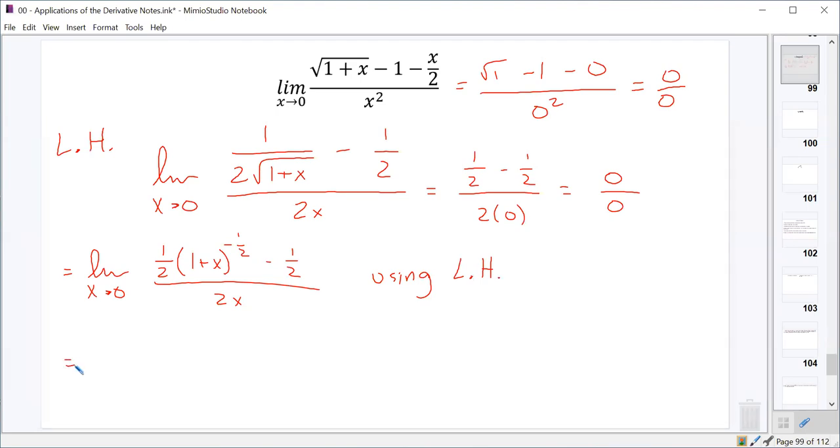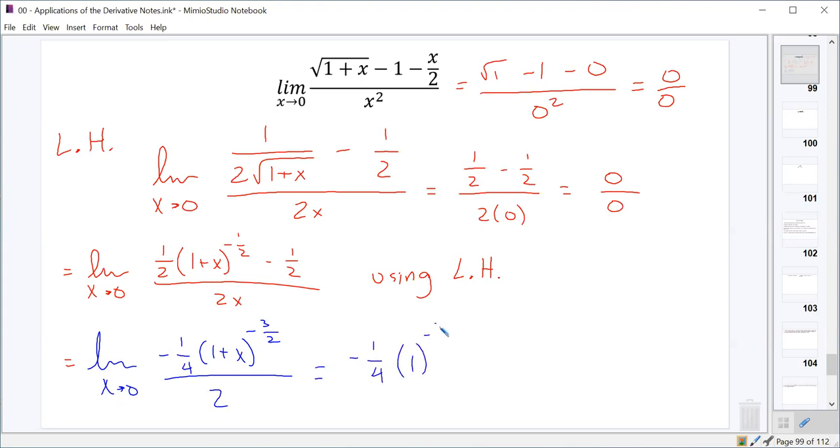this becomes a limit as x approaches 0, and 1/2 of 1 plus x to the negative 1/2 will become negative 1/4 of 1 plus x to the negative 3/2. And then minus 1/2 there, that derivative is 0. And then the derivative of 2x is just 2. And it looks like we end up with negative 1/4 times 1 to the negative 3/2, all divided by 2.